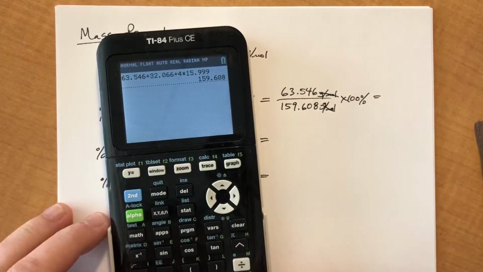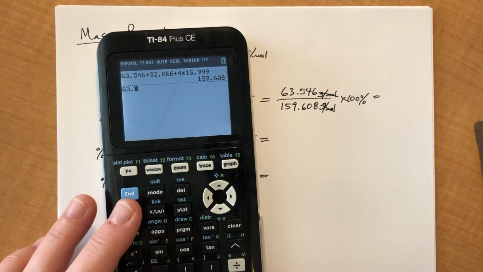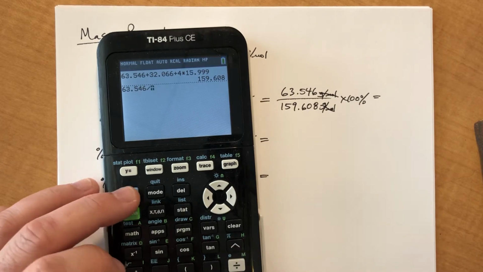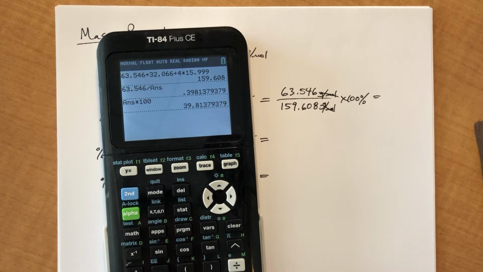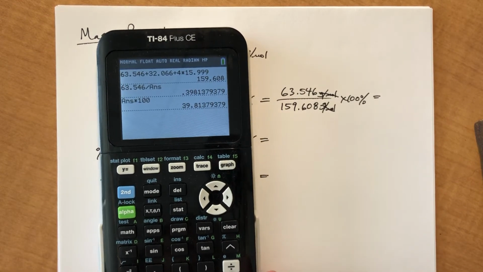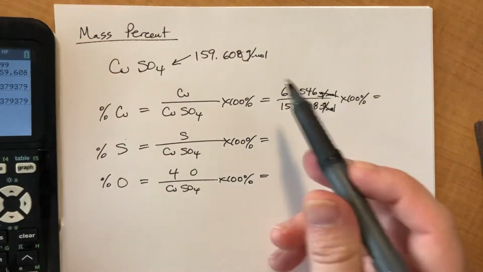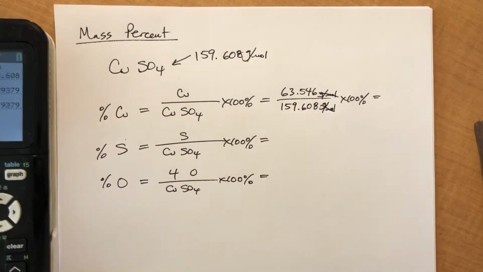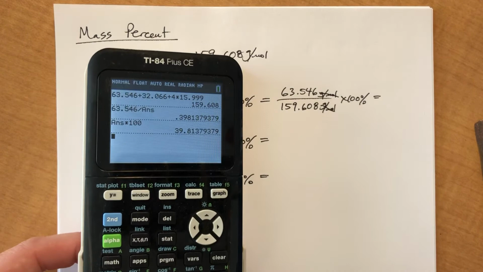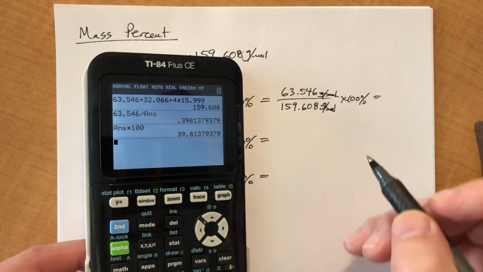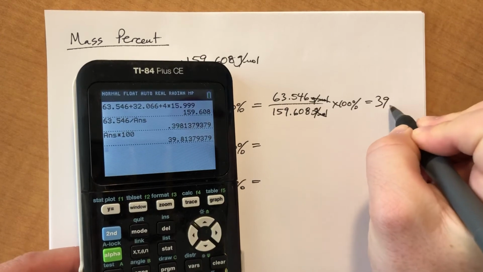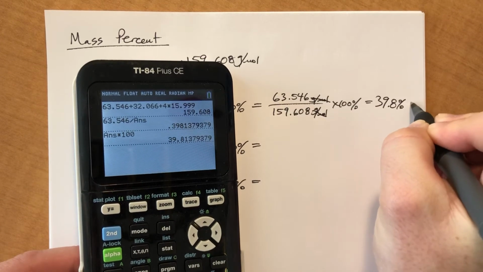So we take 63.546 divided by the answer that I just calculated, times 100, and I got 39.813%. The problem is there really aren't sig figs here because none of this is measurements. What I always tell people is get at least 1 decimal place on this. So this would be 39.8% copper.